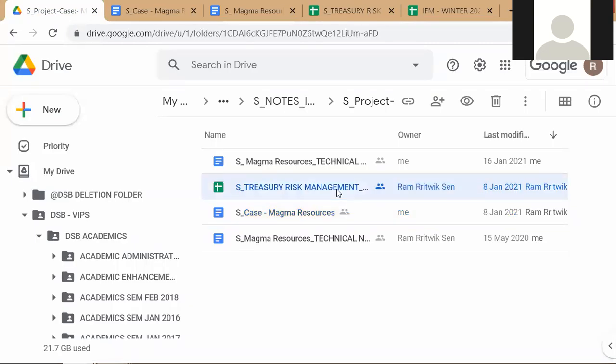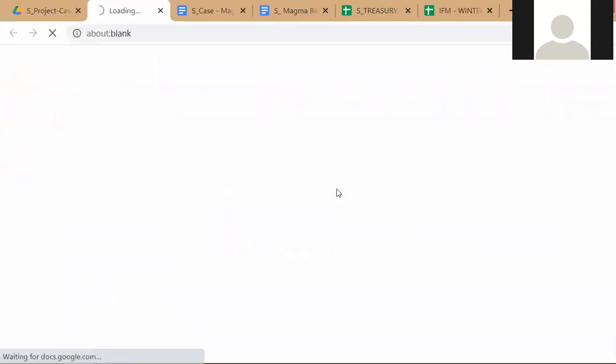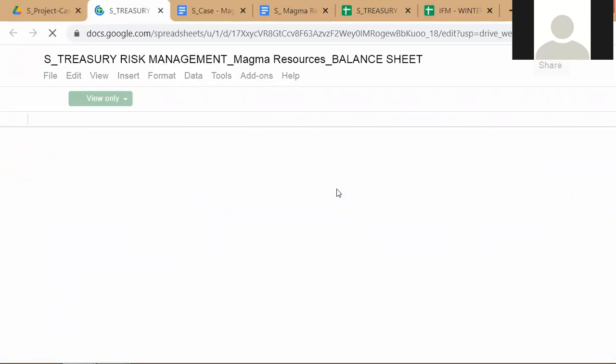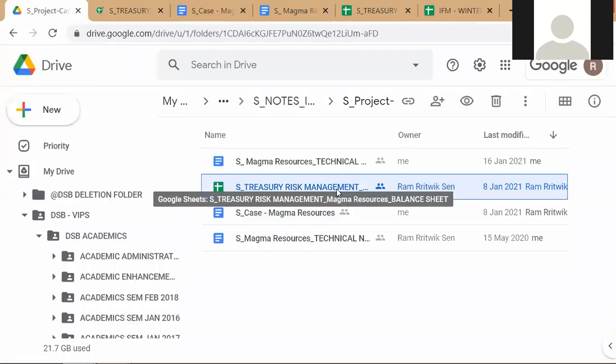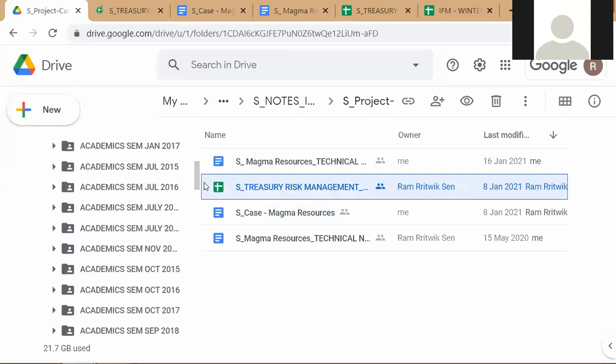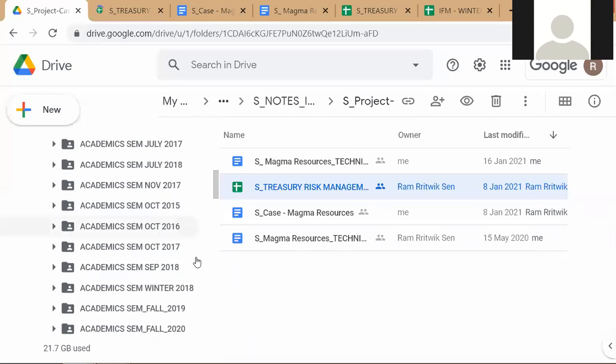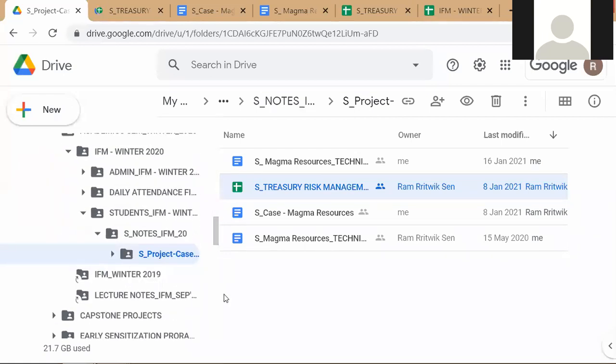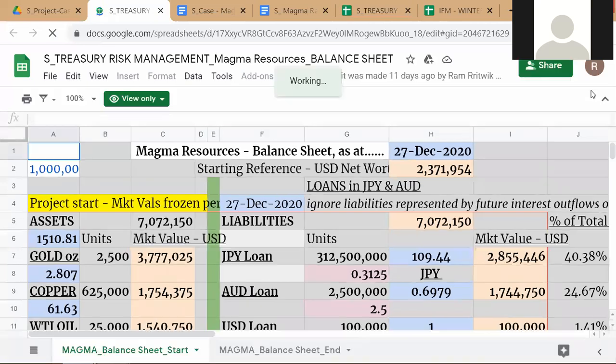This is inside your... here we are. Okay. Now, why is this view only?